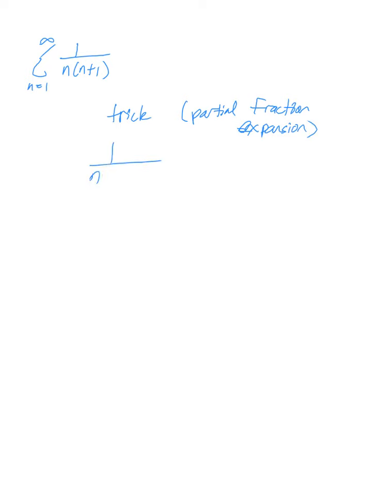So 1 over n times n plus 1 is equal to 1 over n minus 1 over n plus 1. So the product is actually equal to a sum over these factors.